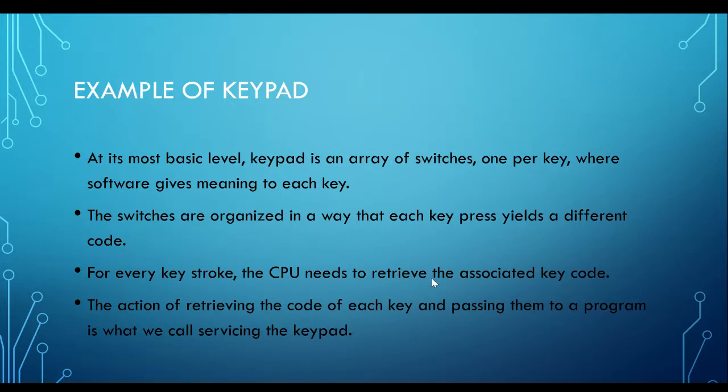At this most basic level, a keypad is an array of switches, one per key, where software gives meaning to each key. When you press something, basically it's just an interpretation. The machine interprets. Switches are organized in such a way that they yield a different code for every keystroke. The CPU needs to retrieve the associated key code.